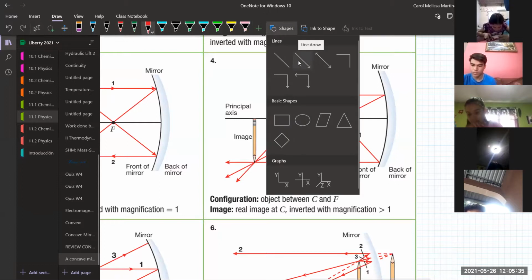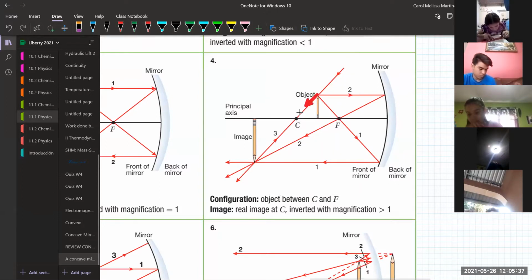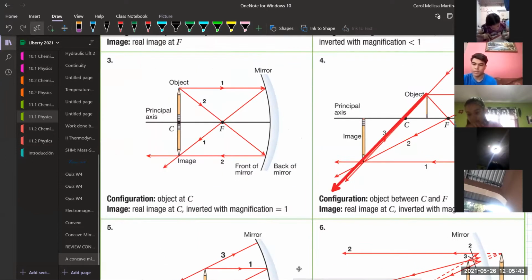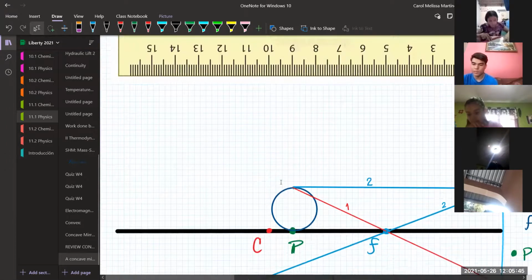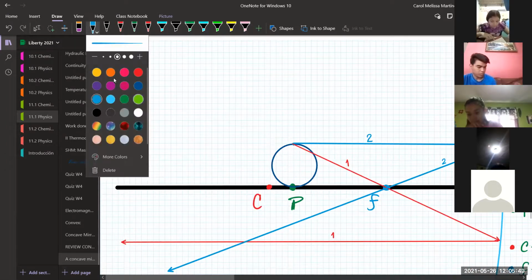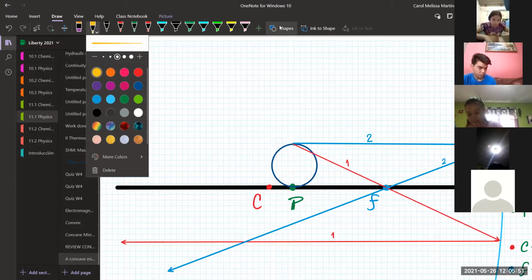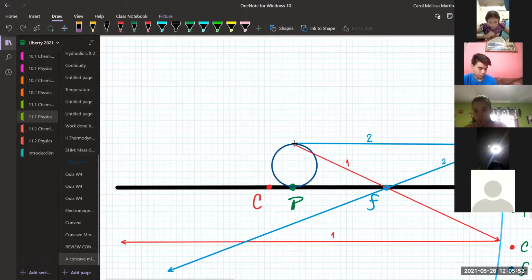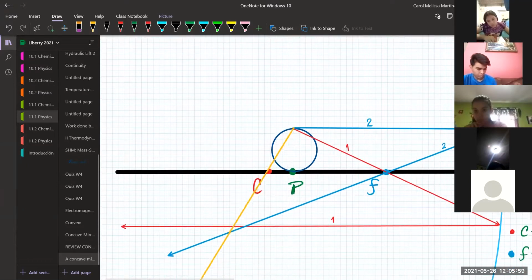The third ray comes from the top of my object, passes through the center of curvature, okay? So that is exactly what I'm gonna do. So from the top of my object, I pass through the center of curvature, okay?